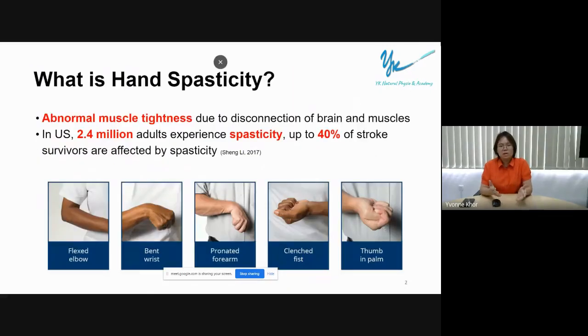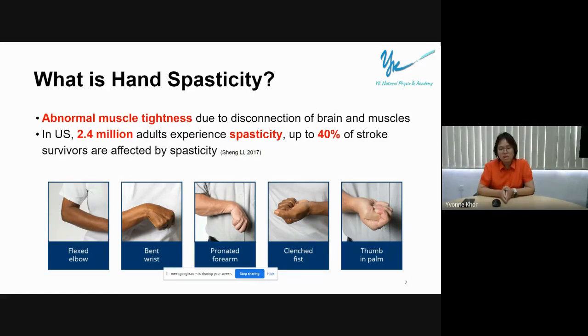What is hand spasticity? Hand spasticity is an abnormal muscle tightness due to disconnection of brain and muscle. One study also says that in the US, 2.4 million adults experience spasticity. Up to 40% of stroke survivors are affected by spasticity, especially in the hand.